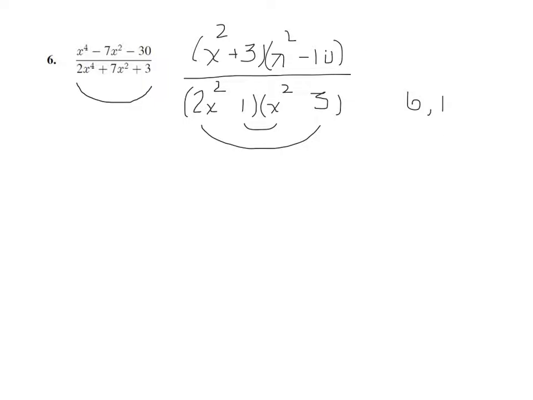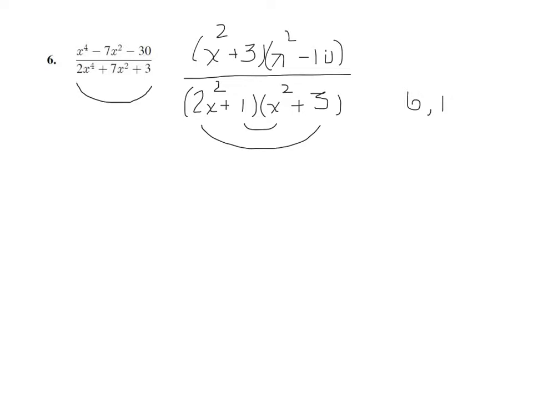And again, it's 3 and 1 because we need the last times the last to equal 3. And now you notice that if you check your outside product, that is 6x to the second power. Inside product is 1x to the second power, and they do add up to 7x to the second power.